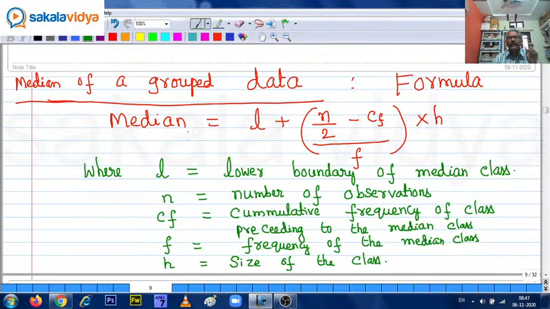CF stands for cumulative frequency of class. F stands for frequency of the median class. H stands for size of the class. So this is the formula to use. By making use of this formula, we can find out median of the group data.